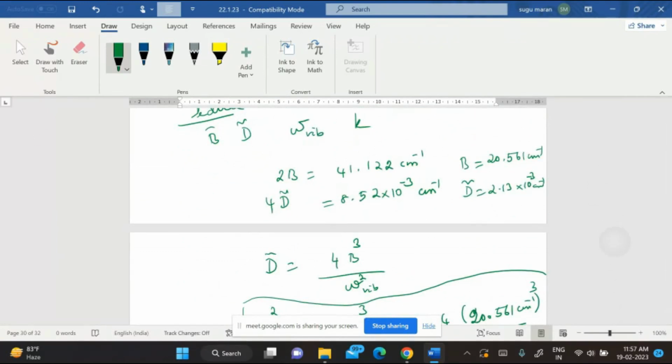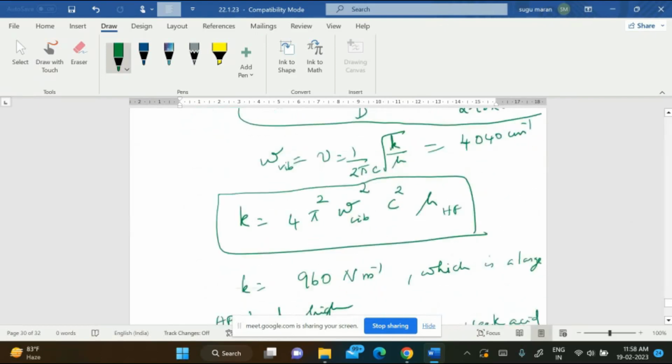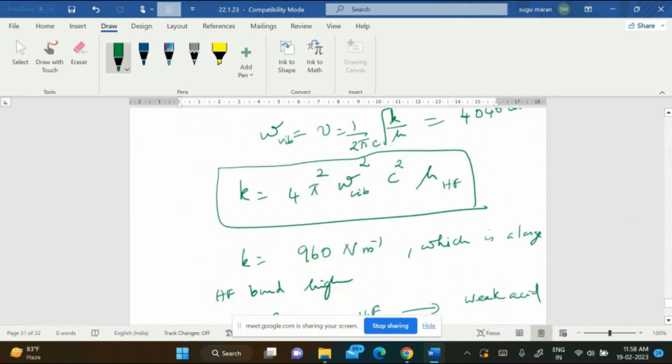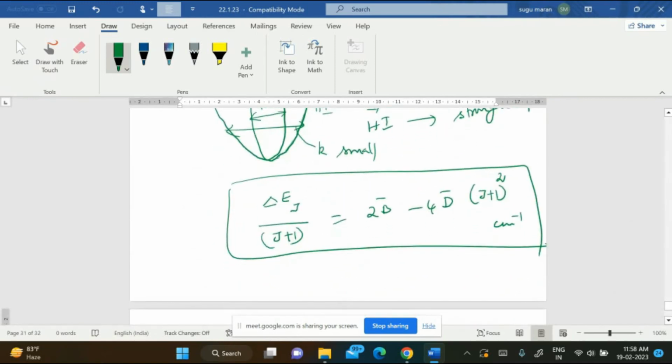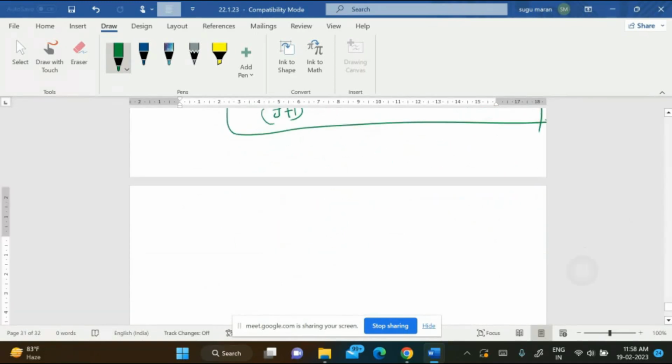By knowing the centrifugal distortion, I can find out the vibrational frequency of the molecule from the rotational spectrum. From the vibrational frequency, I can say the force constant. From the force constant, I can say the bond strength of the molecule. So this is a connection from rotational spectrum to vibrational spectrum.